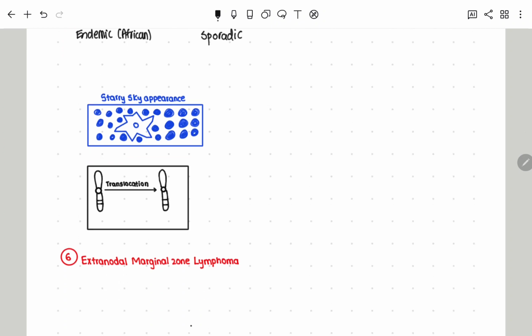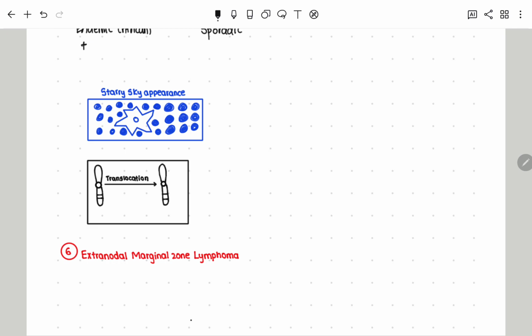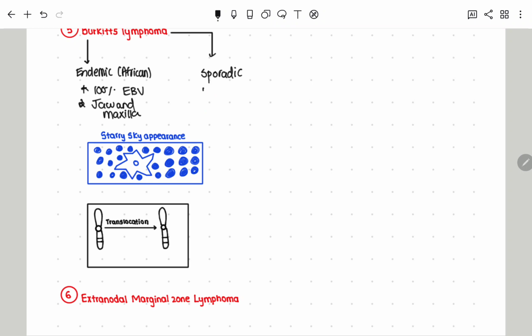Now, the endemic variant almost has 100% Epstein-Barr virus involvement, and these Burkitt's lymphomas are normally seen in the jaw and the maxilla, whereas sporadic normally have a 20% EBV association, and they are more commonly seen in the abdominal cavity.